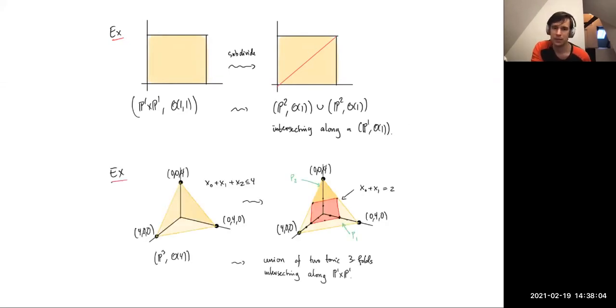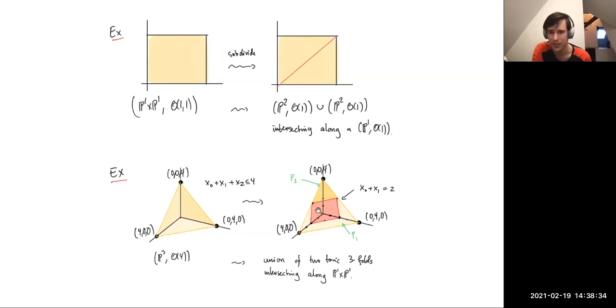And a more sophisticated example: we take P3 with the quartic again, and we degenerate using this subdivision here, where I just insert this small square. So now we have two maximal components, or two maximal faces, that intersect along P1 cross P1.